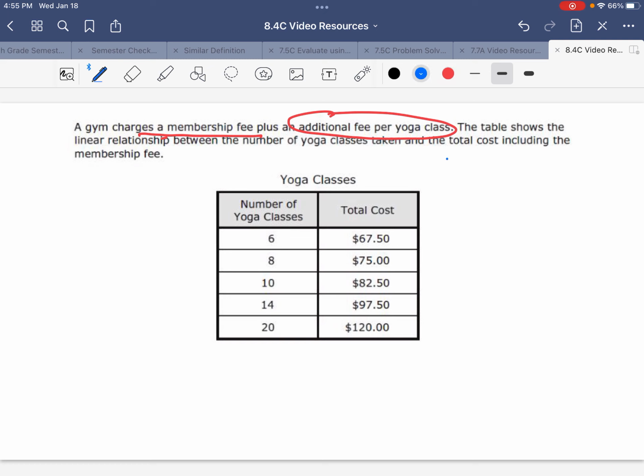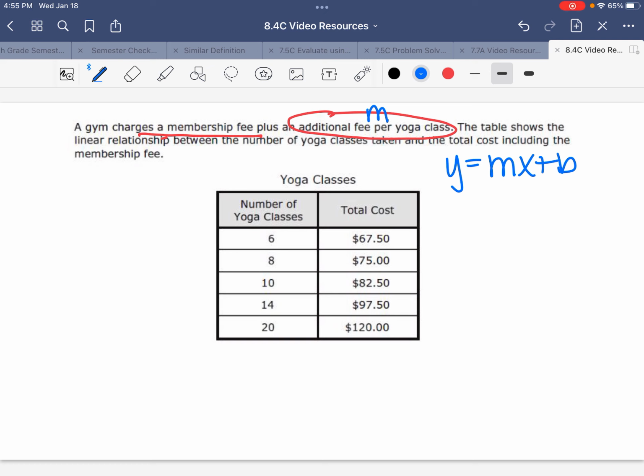So if I think in terms of my linear equation, slope-intercept form, my slope is the multiplicative piece. So between a membership fee and an additional fee per yoga class, the multiplicative part is the cost per class, because it's happening over and over and over.